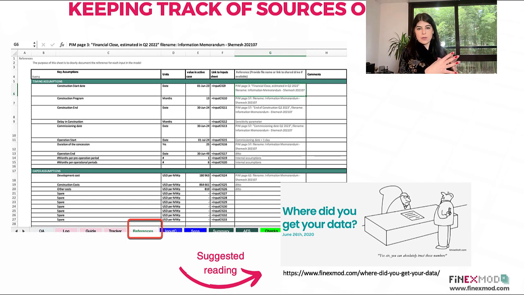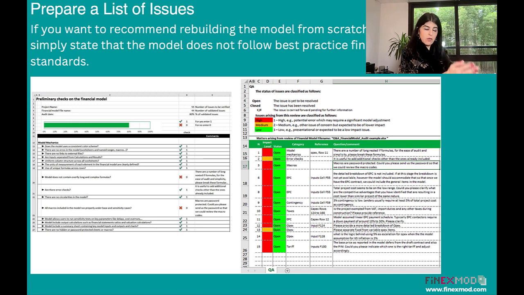I always try to find out the source of each input that goes into the model by looking at the project document and by talking to the people involved. And then finally, if I cannot find the answer, I will put it in the issue list that I'm preparing on the model and send it, and have a constructive discussion based on those limited questions that I have identified.